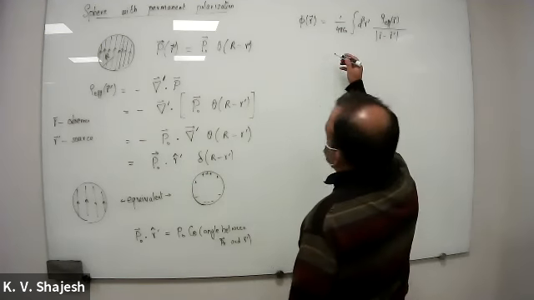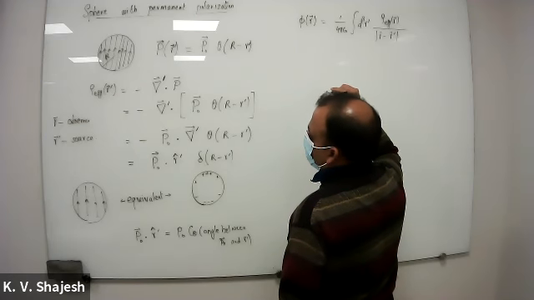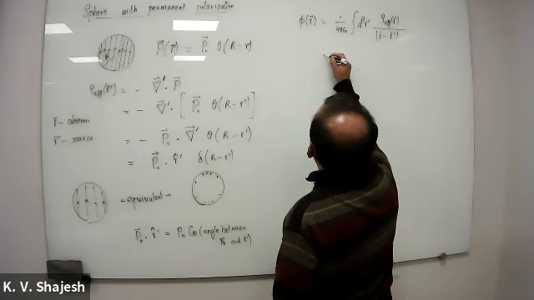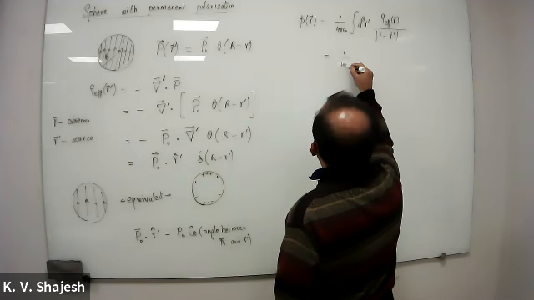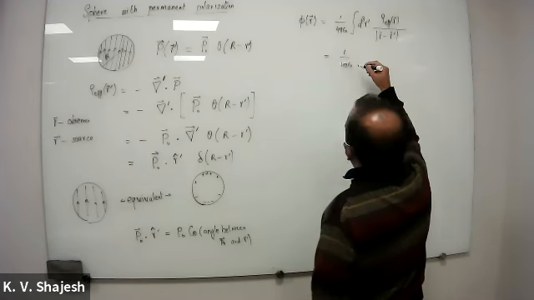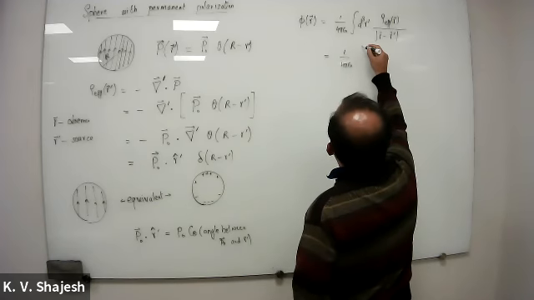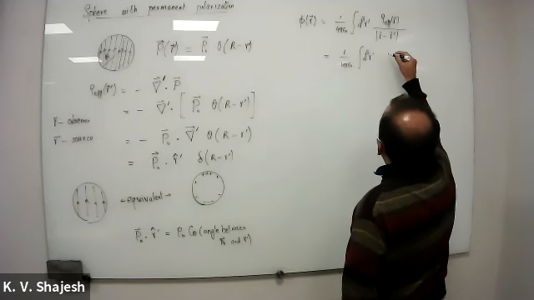Do that explicitly. Right, so that's equal to 1 over 4 pi epsilon naught, a few more steps. So this is d cube r prime.